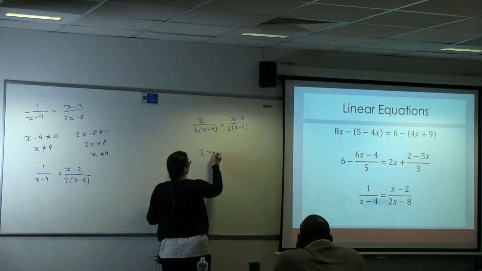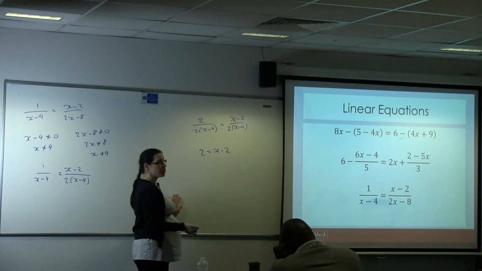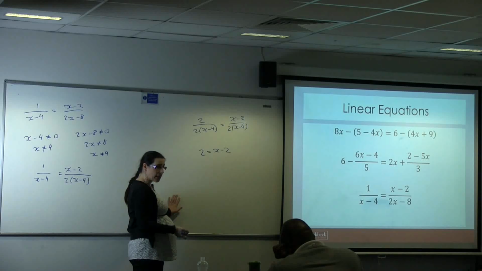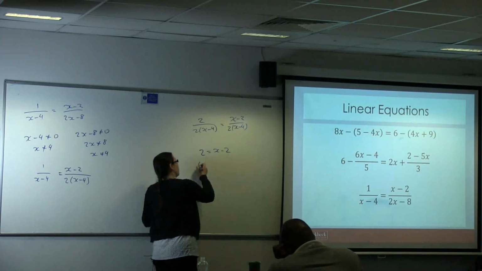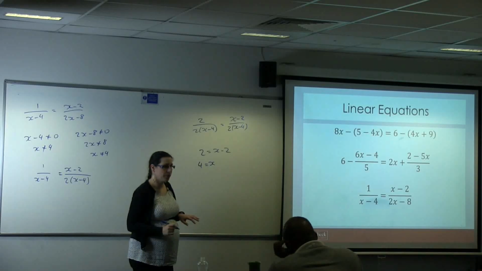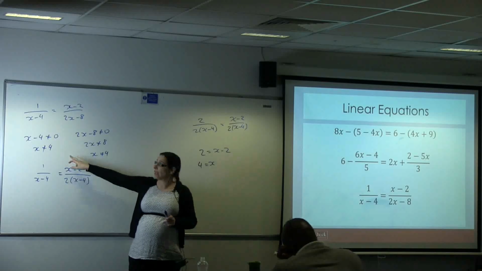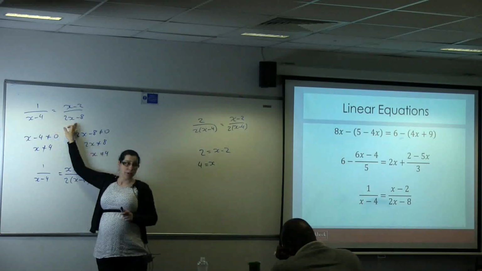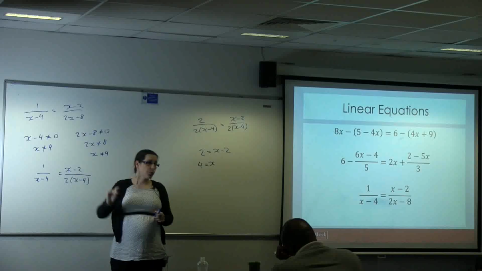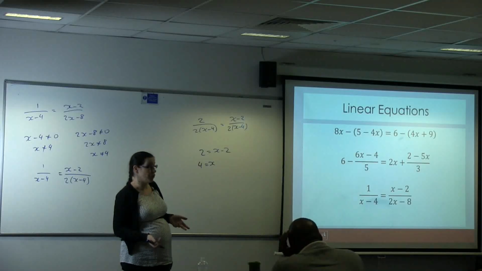Same result. And then what I need to do now is rearrange, remove the negative 2. So I've got 4 equals x. But I said 4 can't be x, because then I would end up dividing by zero. So what does it mean? This equation does not have a solution.